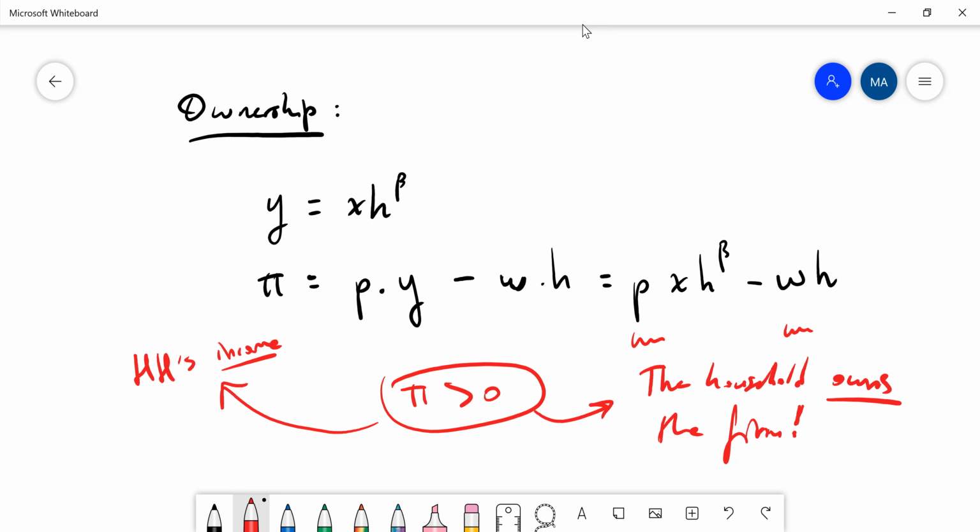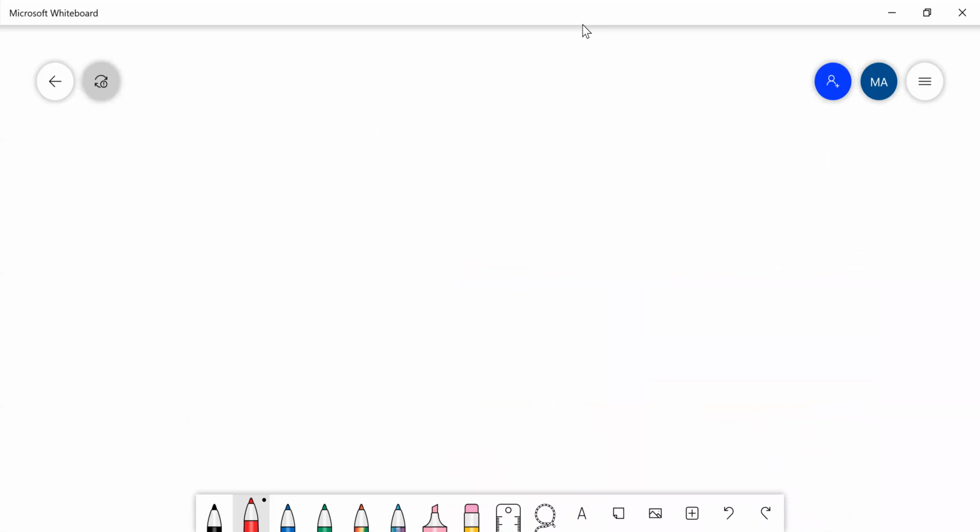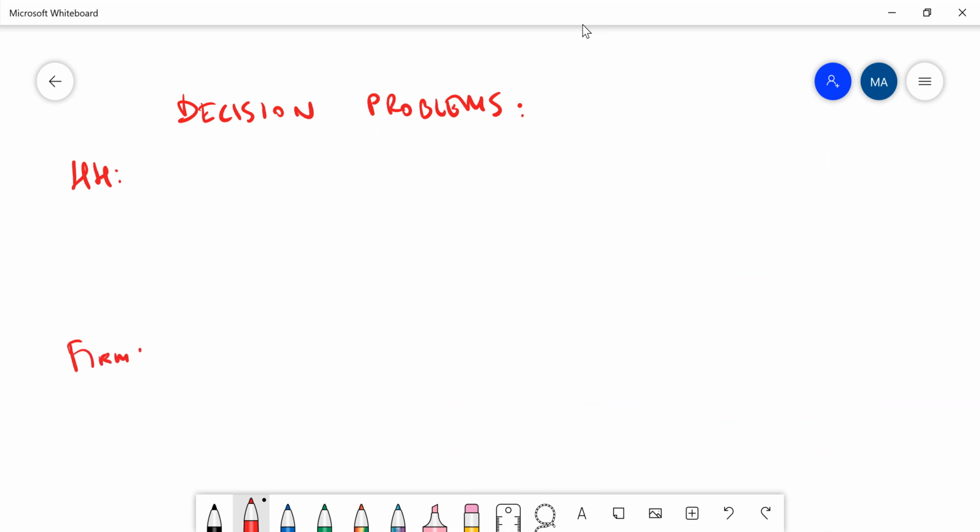So now I can define the decision problem because I have all the necessary inputs. Okay. Decision problems. Now, first I have the household problem, then I have the firm problem. Now, the household problem, remember there is a utility function.